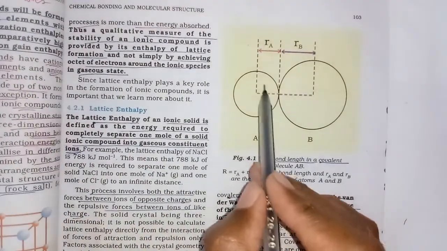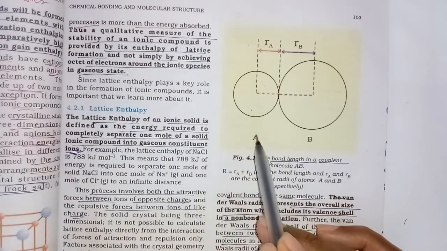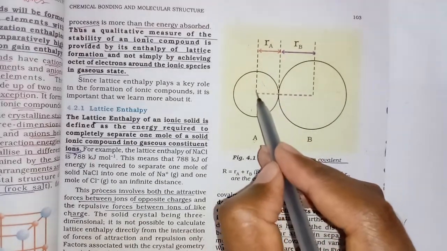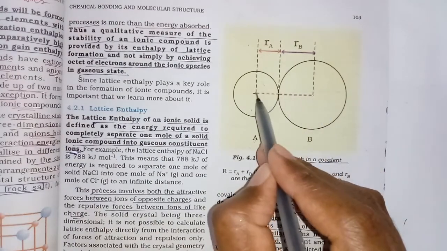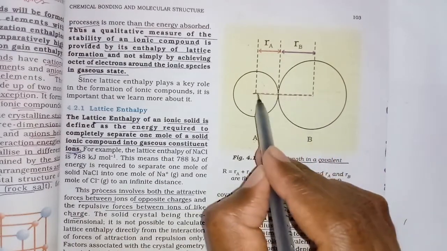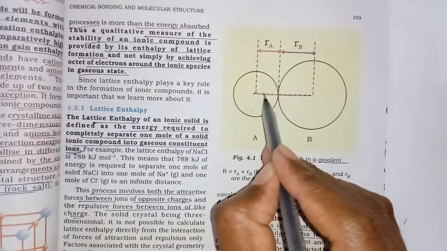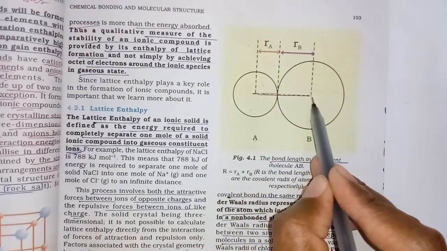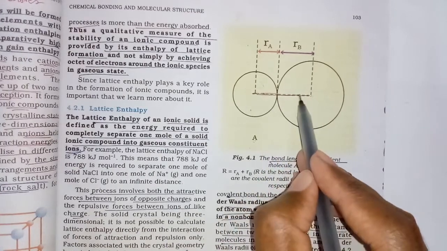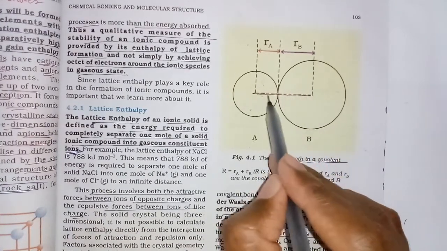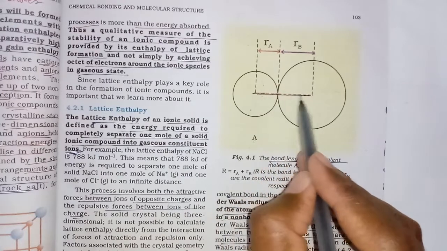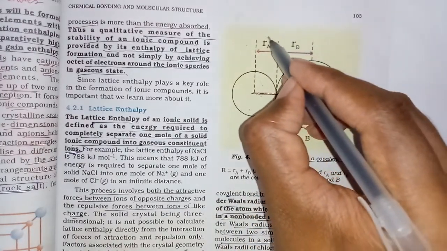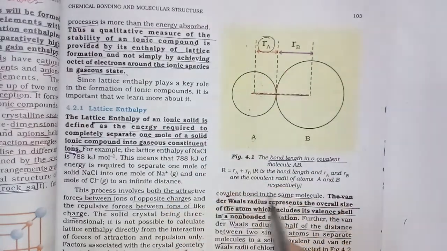Here, two atoms like A and B, and the nuclei and the equilibrium distance. The distance between the nuclei of two bonded atoms in a molecule is called bond length, and half of the distance is called its radius.